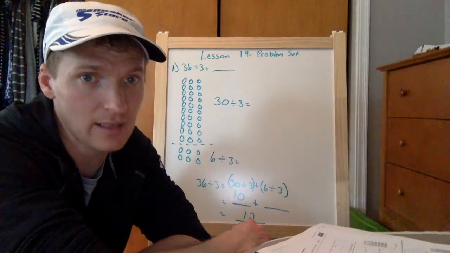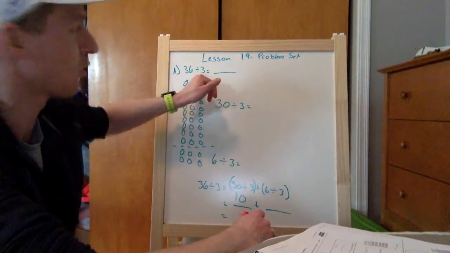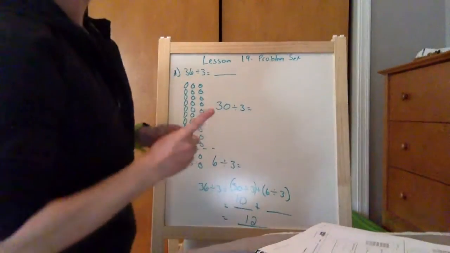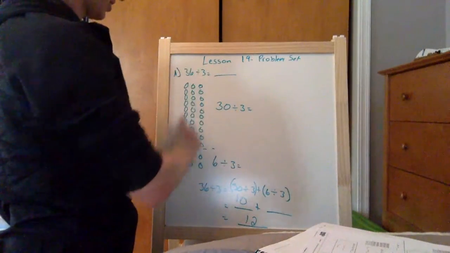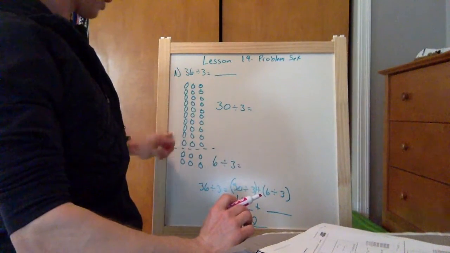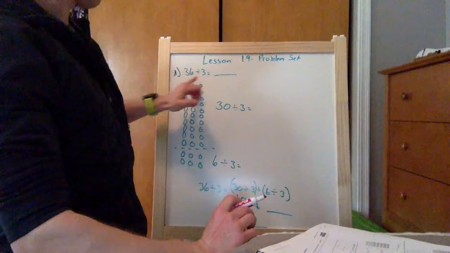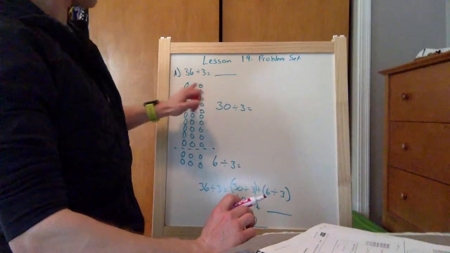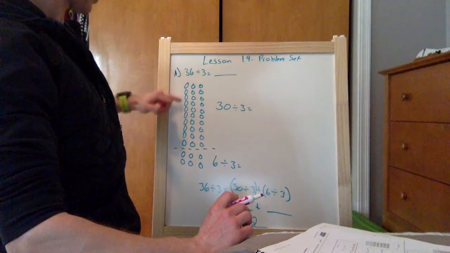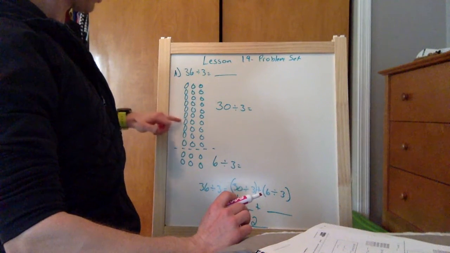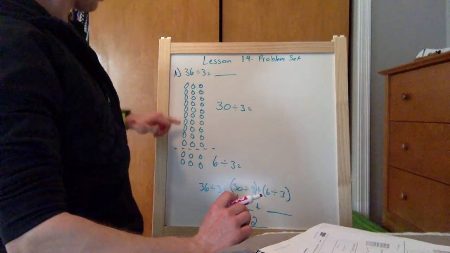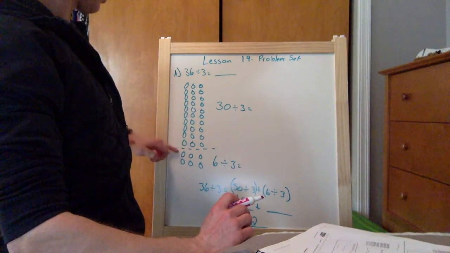In most arrays, the second number is going to be the amount of columns. Columns, up and down. So if I took this entire thing, and I took 36, that's how much all these are. If I was to add them all up or count by threes, 3, 6, 9, 12, 15, 18, 21, 24, 27, 30, 33, 36.